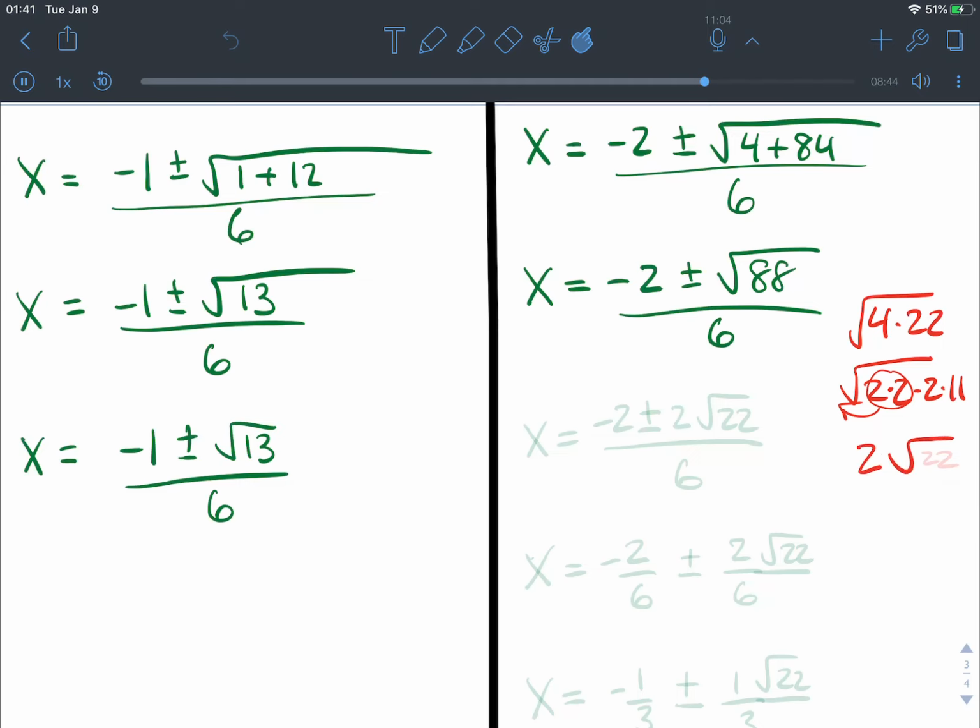So it's going to break down to 2 times the square root of, and then 2 times 11 gives us 22 underneath. So the next line is going to be written as -2 plus or minus 2 root 22 over 6.